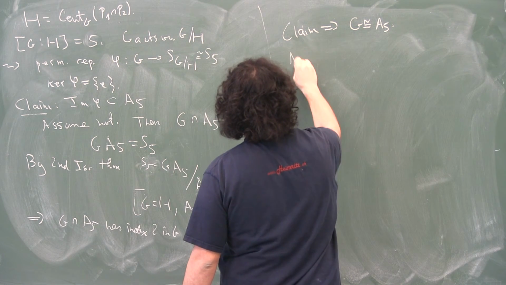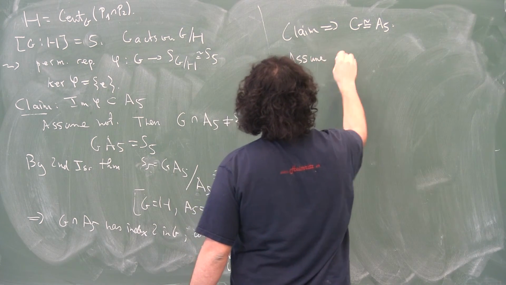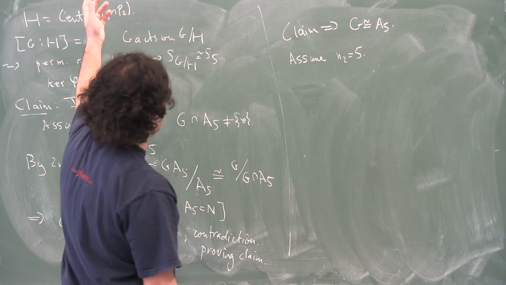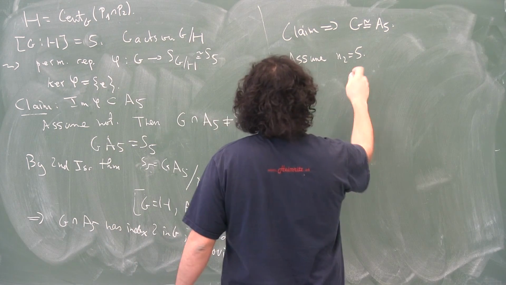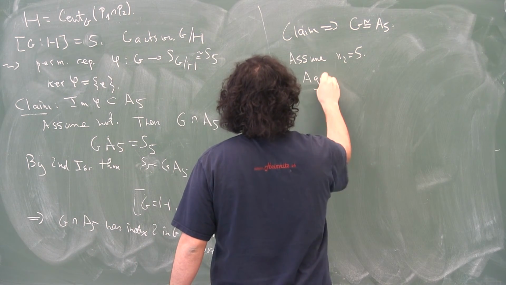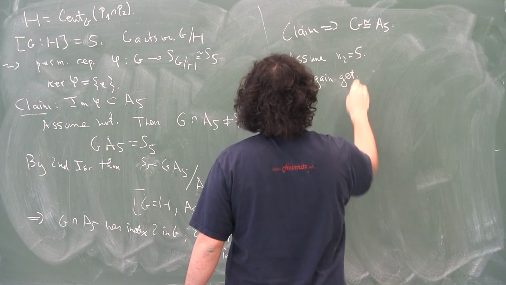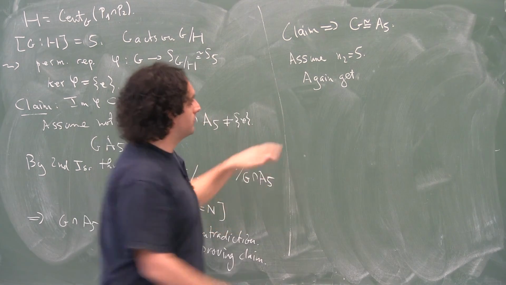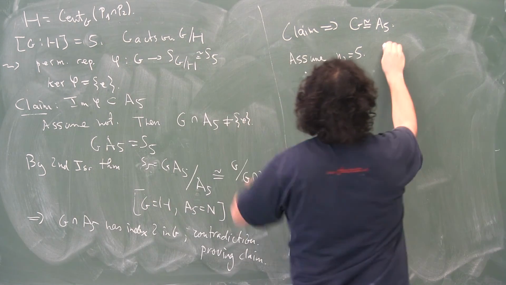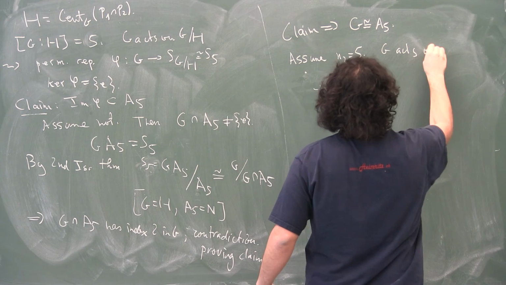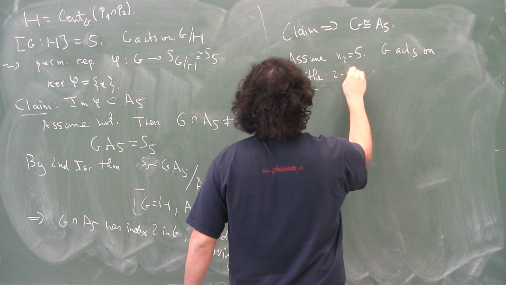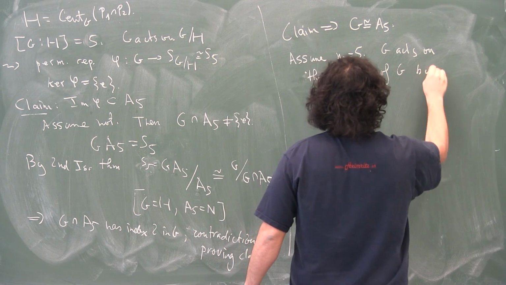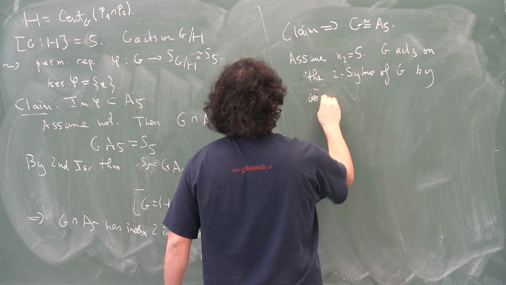OK, so now assume N2 equals 5. That's the only other possibility. Then again, the number of 2-Sylows is 5. So G acts on the 2-Sylows of G by conjugation.